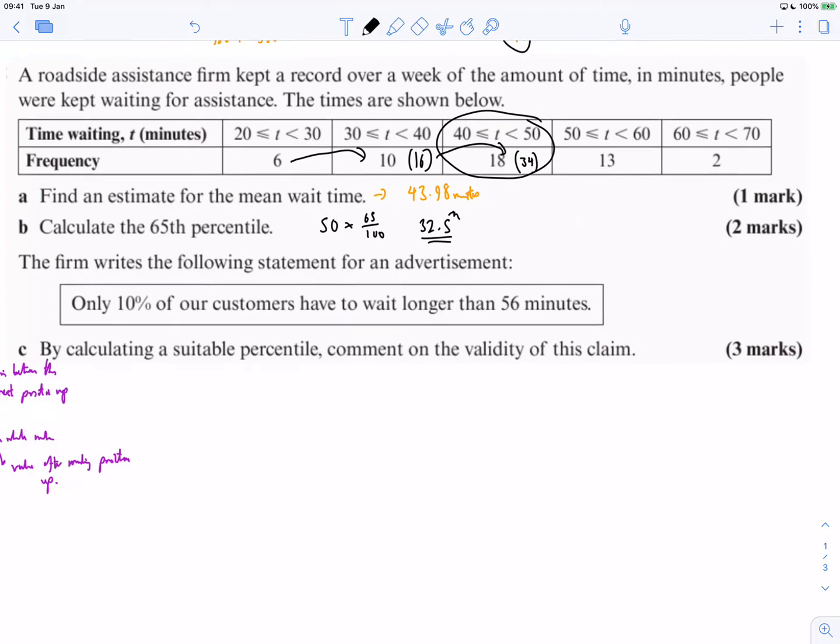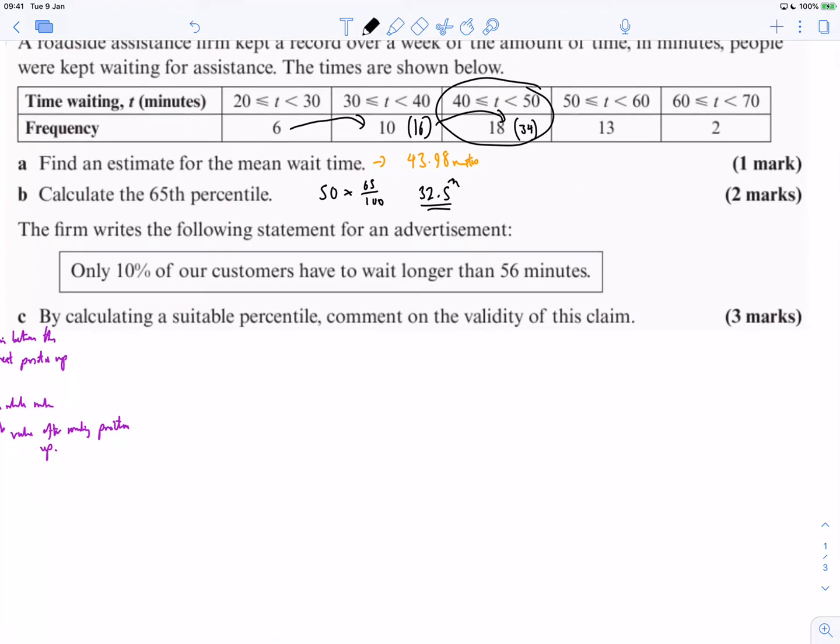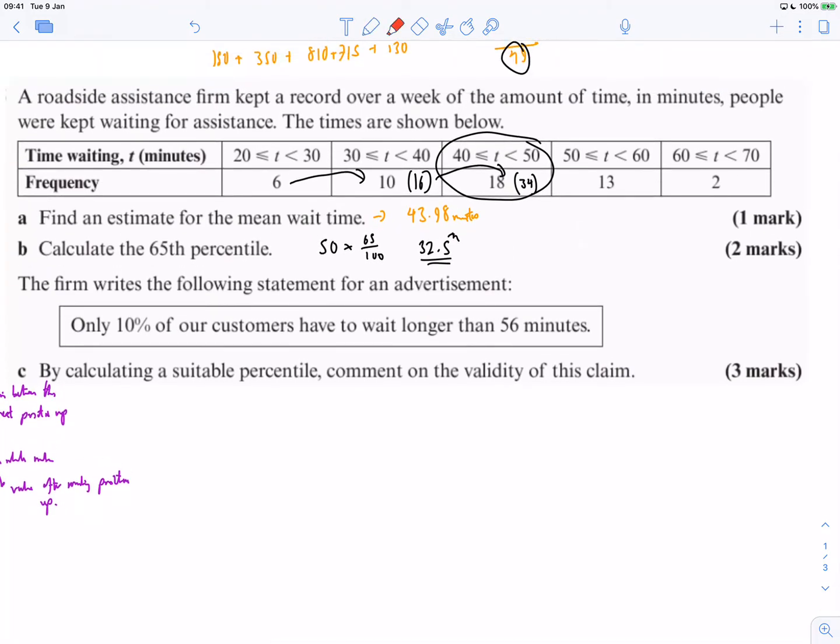Now, how could you get a good estimate of that? Well, what you do is you look at the boundaries of the class. Between 40 and 40, can you see how this is 40 and this is 40? If the lower end is 40, and here 50 and 50, they're the same.